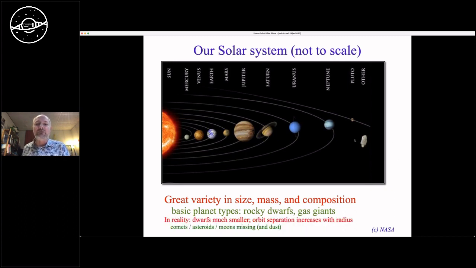There's a belt of small rocks about at this location, known as the Kuiper belt. There is also an inner belt, known as the main asteroid belt, between Mars and Jupiter. There are comets traveling on eccentric orbits through the solar system, and there are, of course, moons around planets. So there's lots of stuff missing from this picture, but the basics of planets are, I guess, covered.